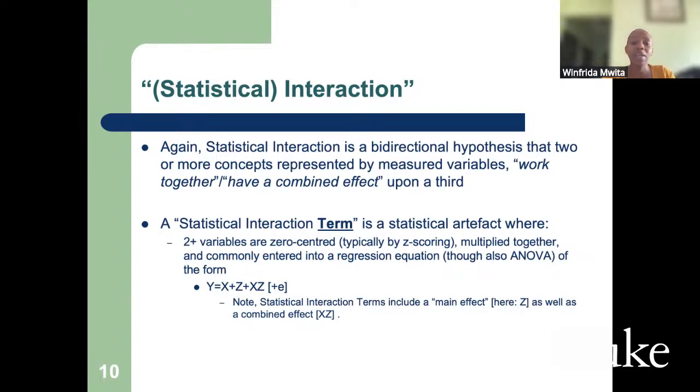So in that regard, when you're talking about statistical interaction, you're literally talking about a bidirectional hypothesis.